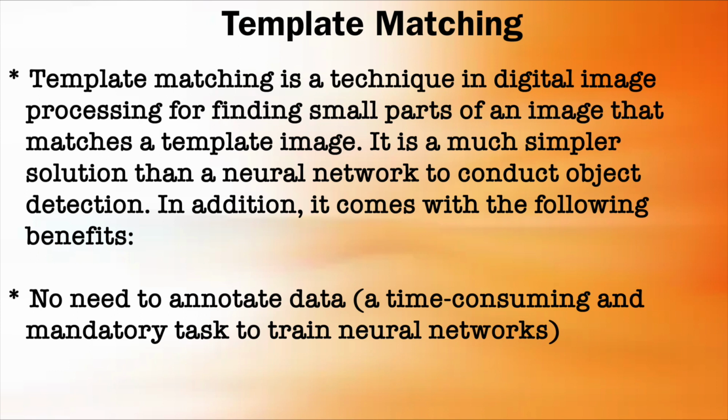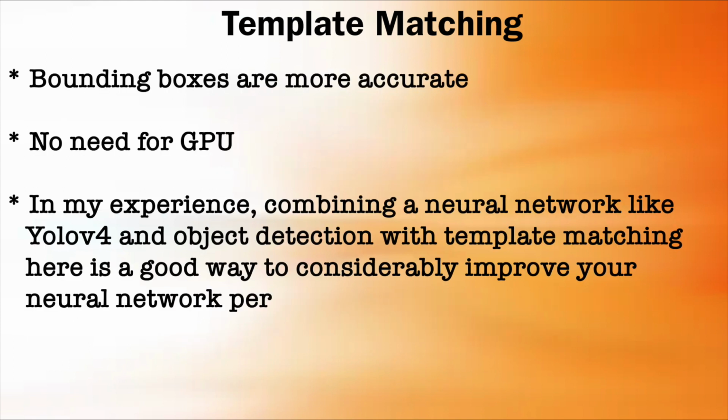The second one is bounding boxes are more accurate. Third one is no need of GPU. The fourth one is, in my experience, combining a neural network like YOLOv4 for object detection with template matching is a good way to improve your neural network performance.